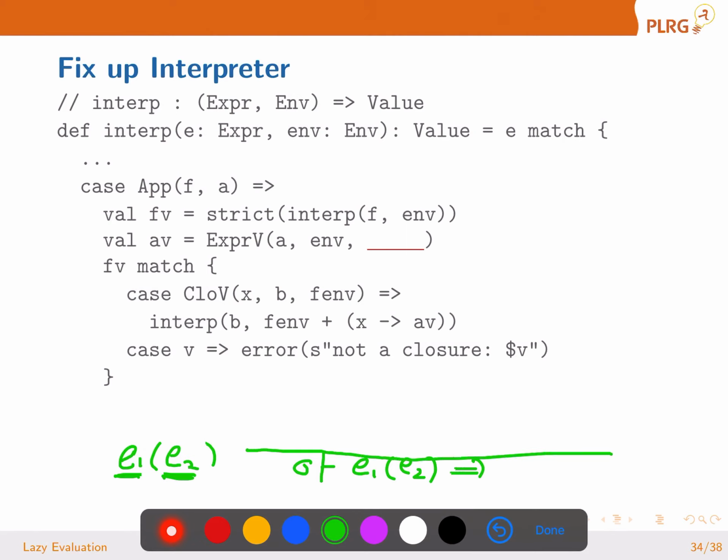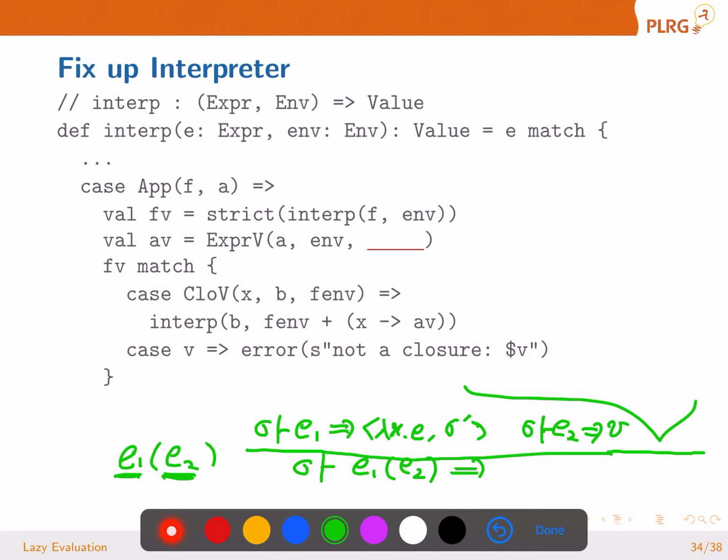when we have E1 E2, how do we evaluate this? We say under the given environment, evaluate E1 and its value is going to be closure, which has the parameter name and body expression, and that environment. It's a different environment, right? And then evaluate E2, it's going to have value, say V. And then evaluate the body expression.